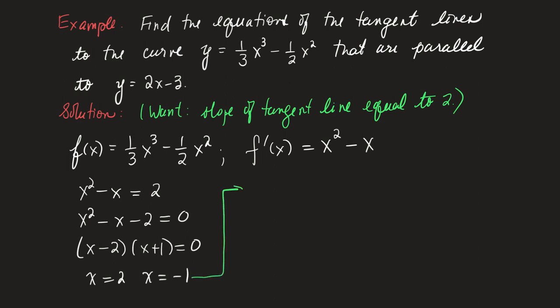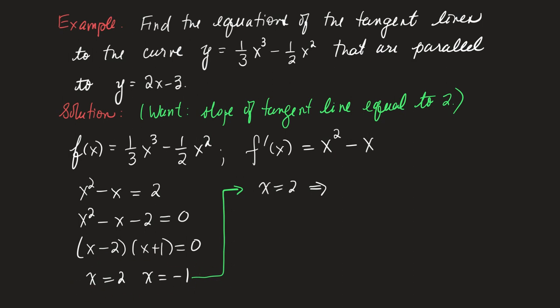Next, let's grab the y values because I'm asked to actually find equations of the tangent lines. I know that the slope is 2, but I need points. Remember, I'm looking for equations of the tangent lines to this curve, and I know the x values for those tangent lines are given here.